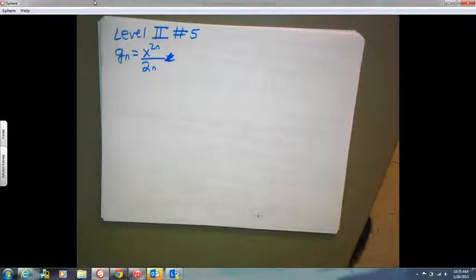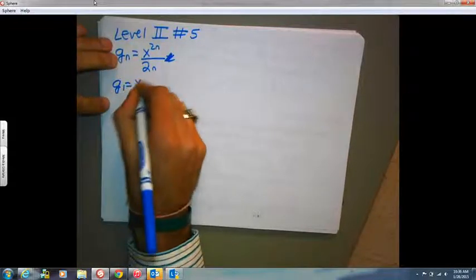And they want us to find the first 4 terms and then the 100th term, and then determine what kind of sequence it is: arithmetic, geometric, recursive, alternating, or none. Excuse me. And so I think most of us should be able to do the first 4 terms and the 100th term. I'll be modeling it up here. Feel free to work and check your work with mine.